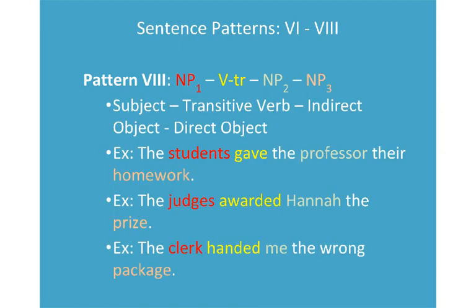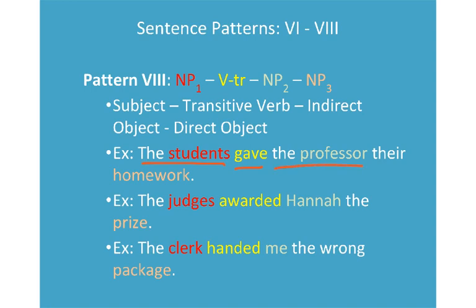Finally, we are on pattern 8, which is a noun phrase, a transitive verb, and then an indirect and a direct object. Examples. The students is our noun phrase. Gave is the transitive verb. What did they give?